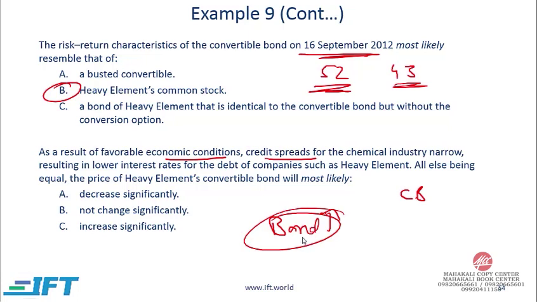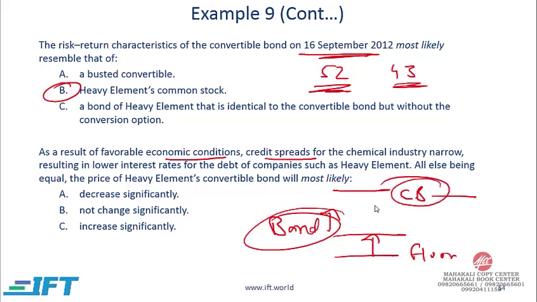You can also think of it this way. The value of the straight bond represents a floor, but given the share price right now, the value of the convertible bond is substantially higher than the floor. So even if the floor moves up a little bit, that won't really impact the convertible bond. So the best answer here is B.